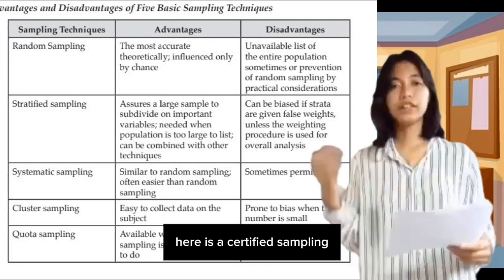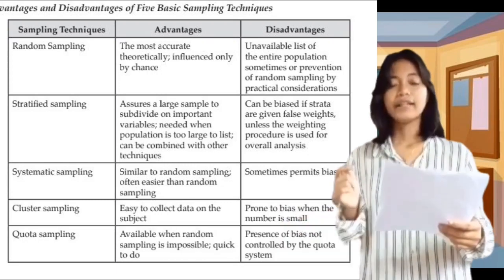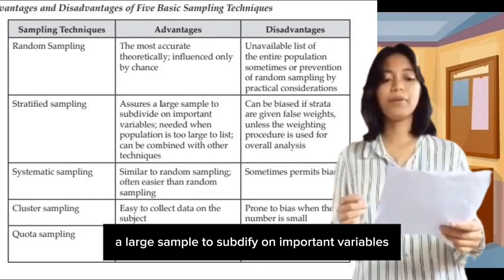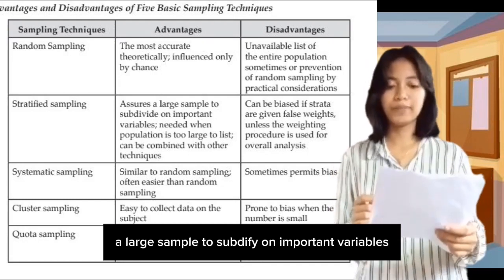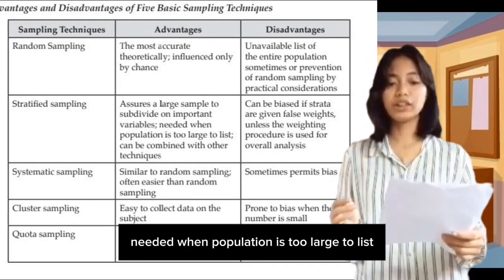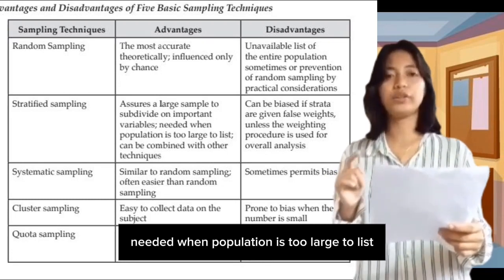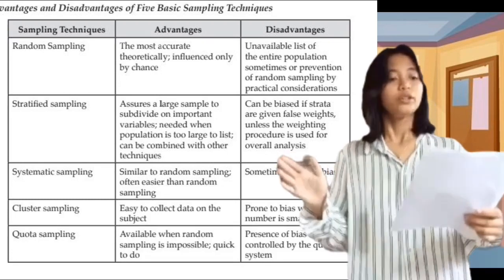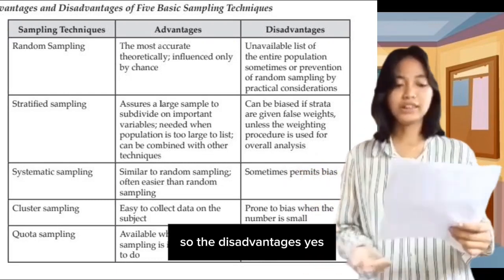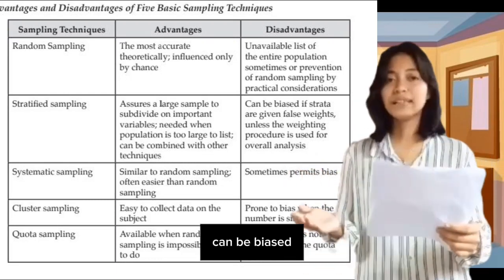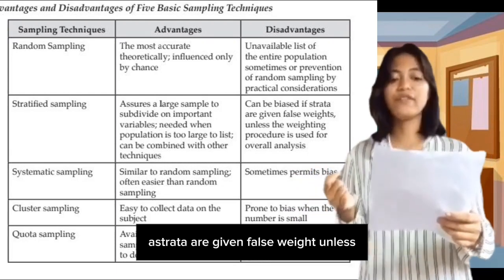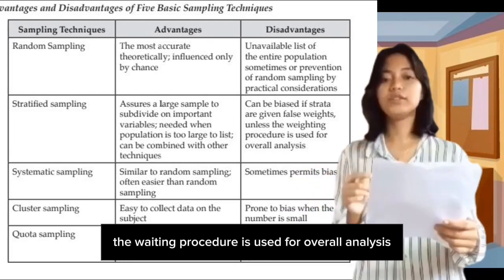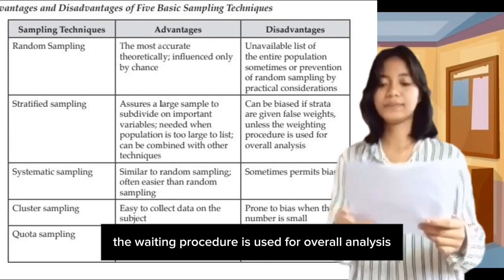Here is stratified sampling. The advantage here is it assures a large sample to subdivide on important variables, needed when the population is too large to list, and can be combined with other techniques. The disadvantage is it can be biased as strata are given false weight unless the weighting procedure is used for overall analysis.